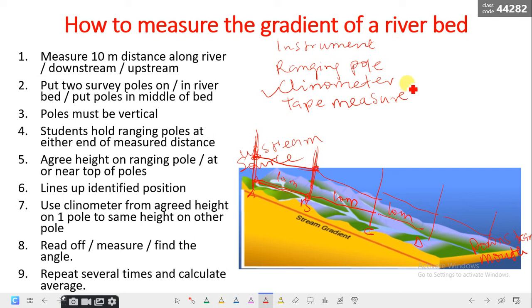You repeat several times, calculate the average, and plot it on the graph. Simply, this is how you measure the gradient of a river. Thank you. In our next video, we're going to be looking at how to measure the depth, the width, and the velocity of a river.